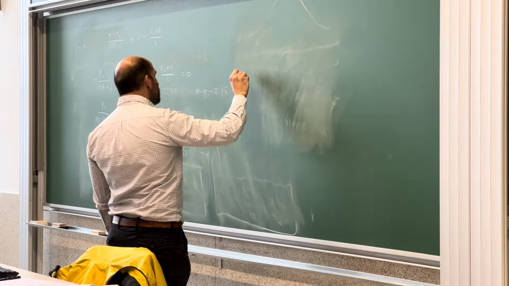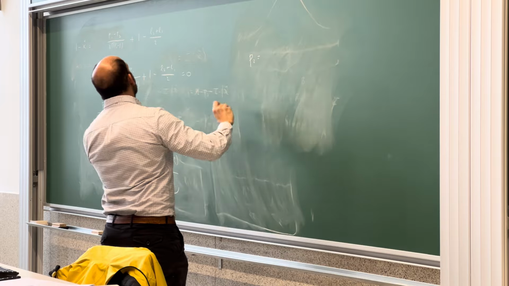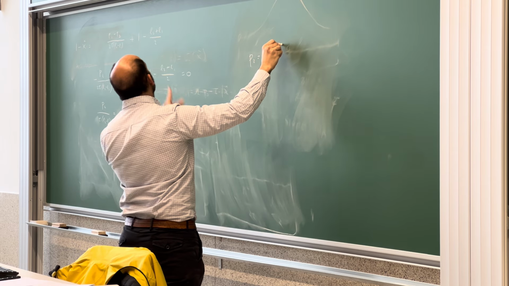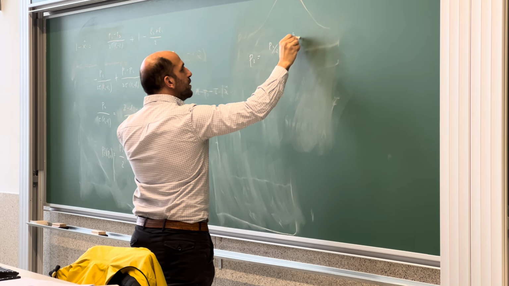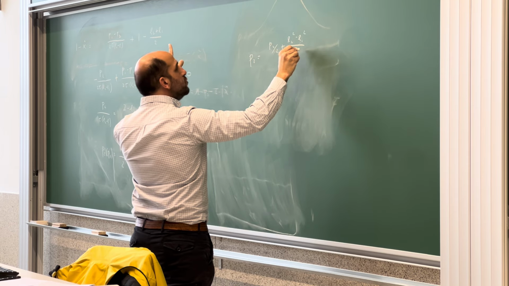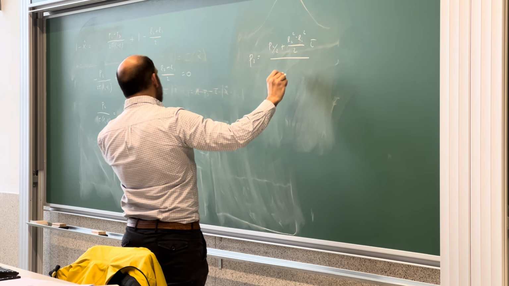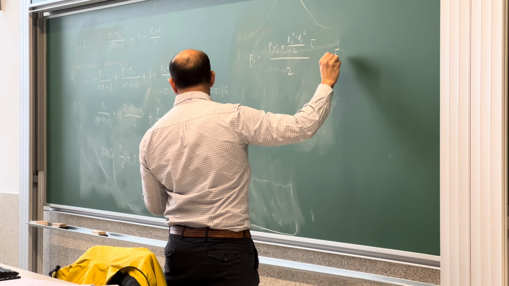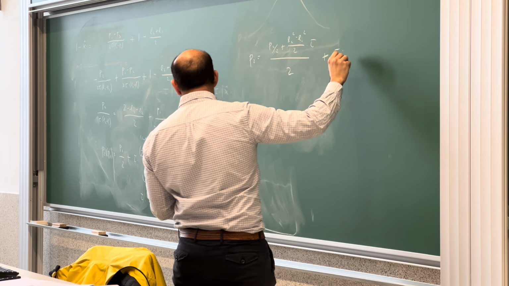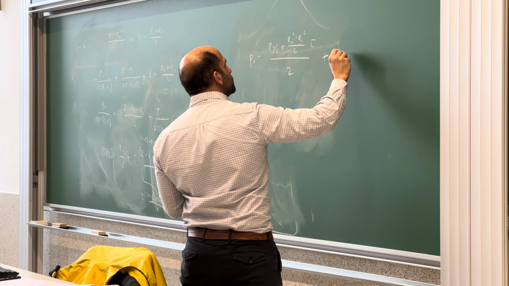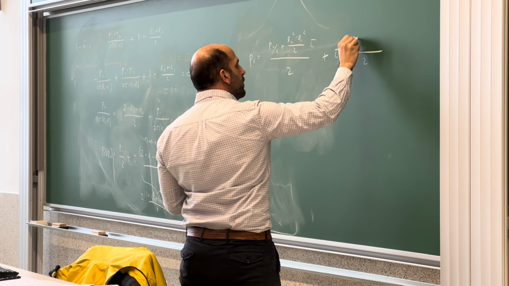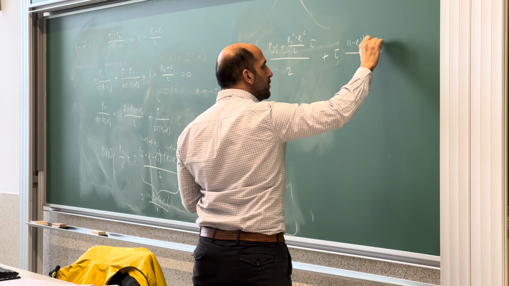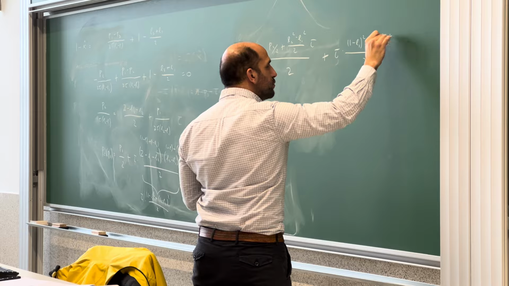So we have P2 is equal to P2 over 2 plus L2 squared minus L1 squared over 2 times tau divided by 2, plus tau times 1 minus L1 squared minus 1 minus L2 squared over 2.